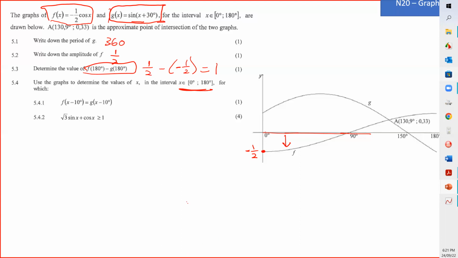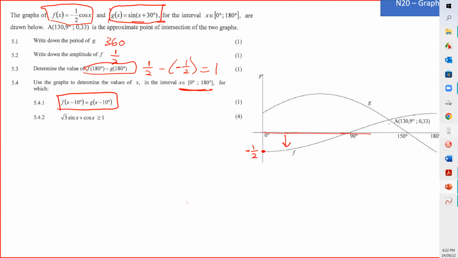If we look at the graph and what we're trying to represent, they want to know when x minus 10 is equal, so it's a point of intersection of the graph that moved 10 units right. But let's not worry about that.